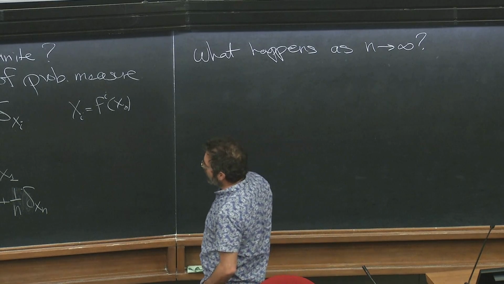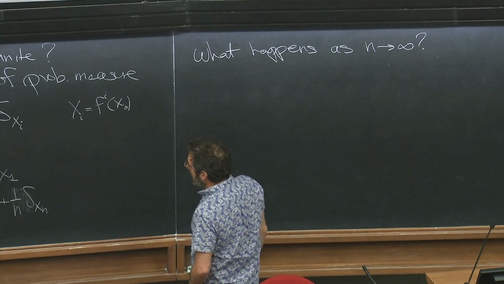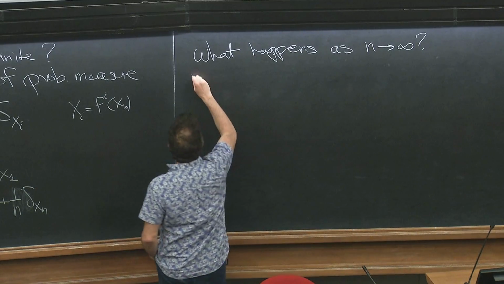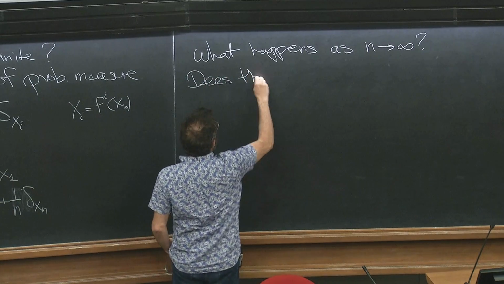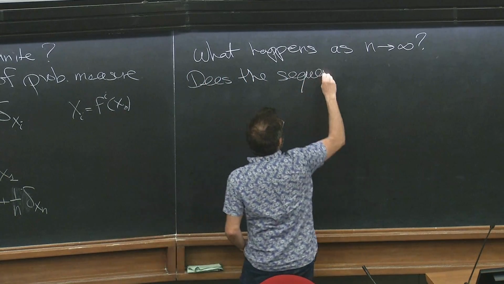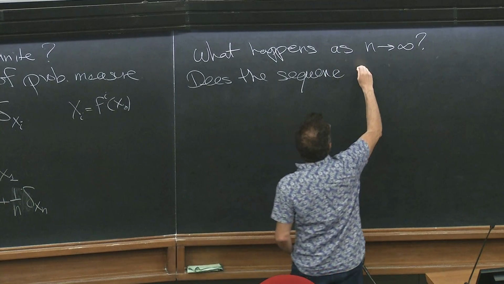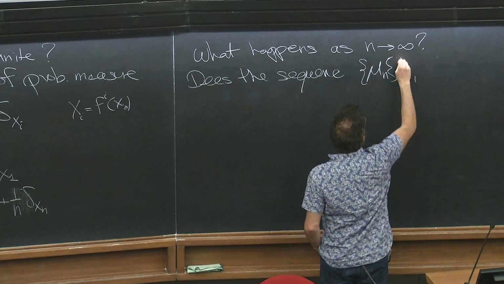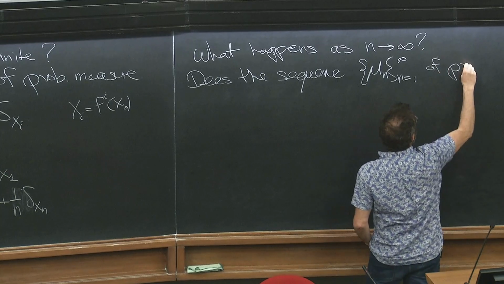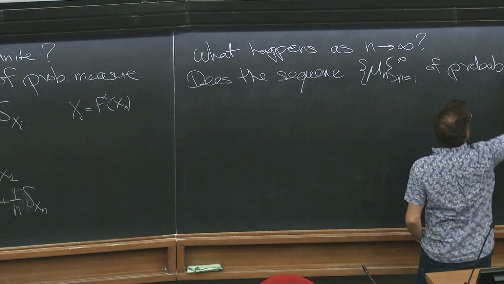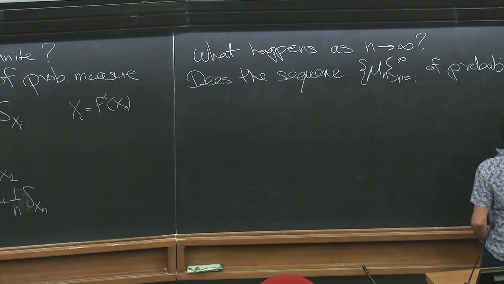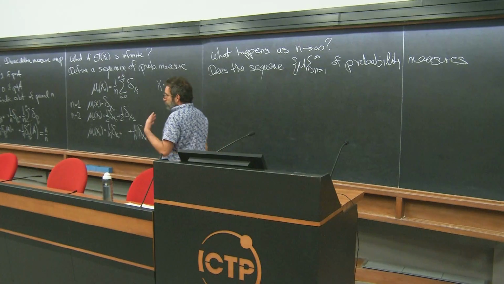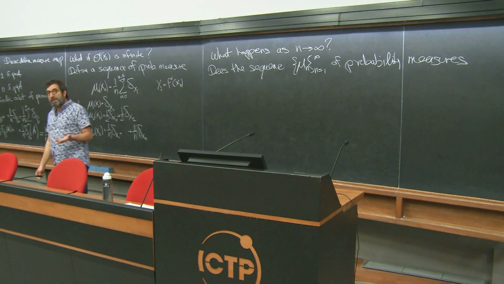And in particular, what this means is, are there any limit points, right? So we have a sequence of probability measures. And we really want to know whether this sequence has limits.